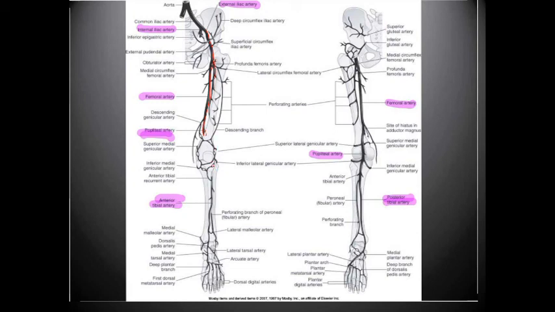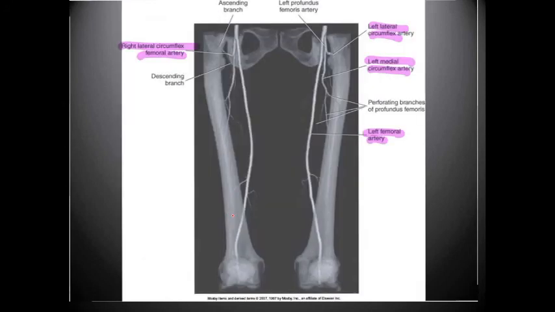As it becomes the popliteal artery and continues down to supply the lower portion of the leg, which we can demonstrate over here, it becomes the tibial and the fibular artery. As we can see, the tibial artery is very large, while the fibular remains very small, and we can see this borne out here to supply the lower portion of the leg.